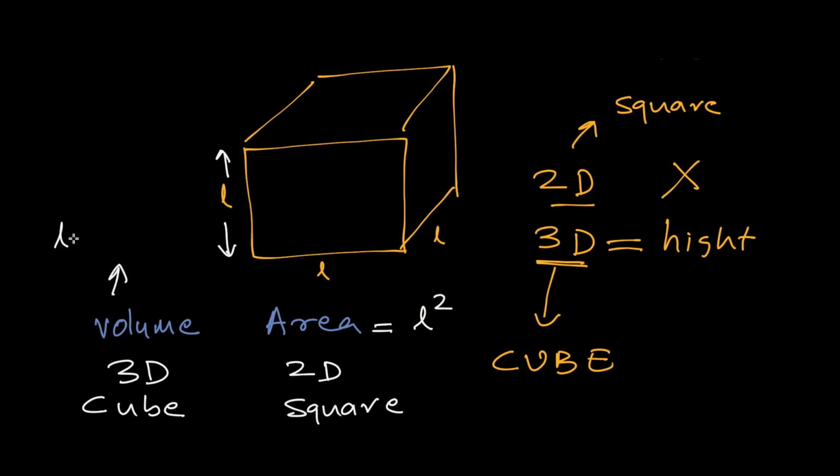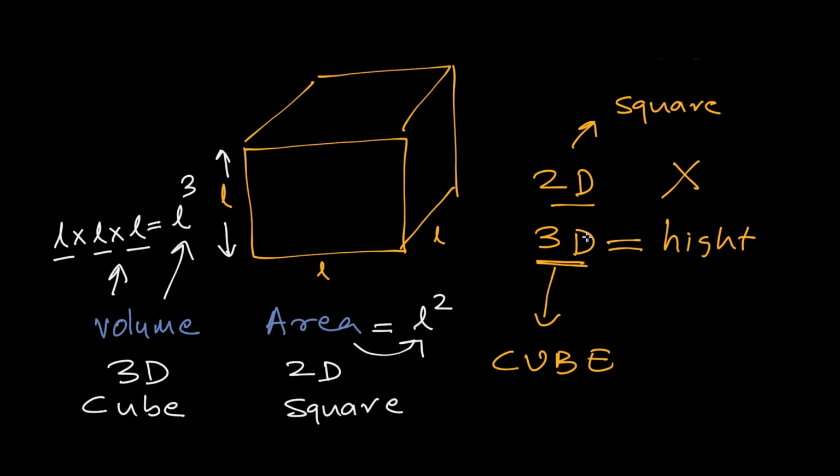It has three sides, L, L, L. If you multiply all three sides, this side and the height of the square, that makes the volume. In this case, since this is a square base, we are multiplying all the sides as L. So it is going to be L cube. So the volume formula is L cube, and the area is L square.